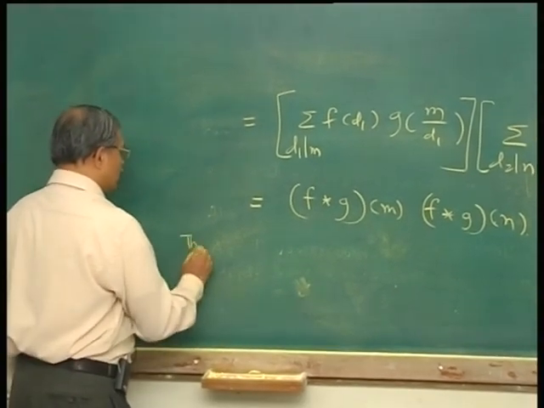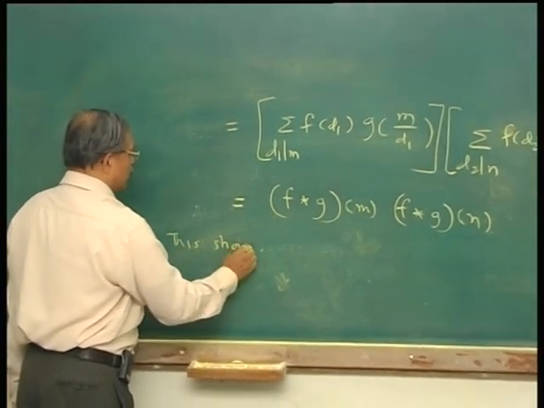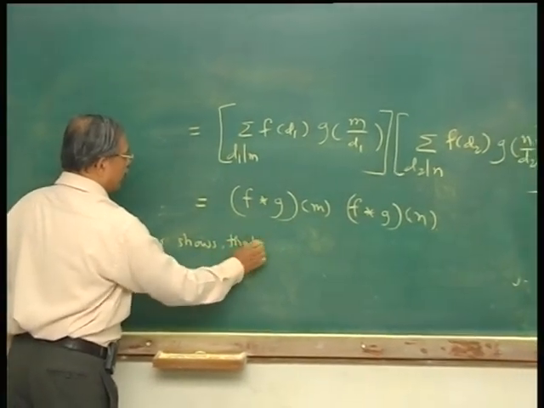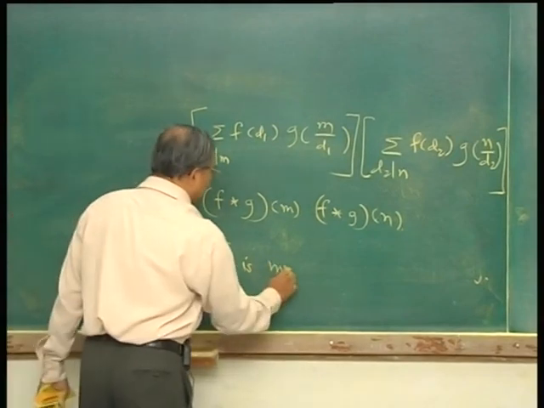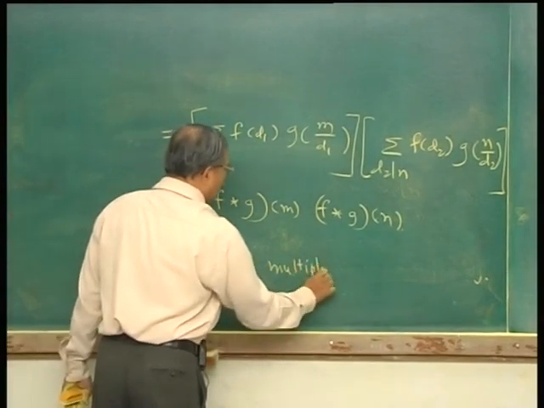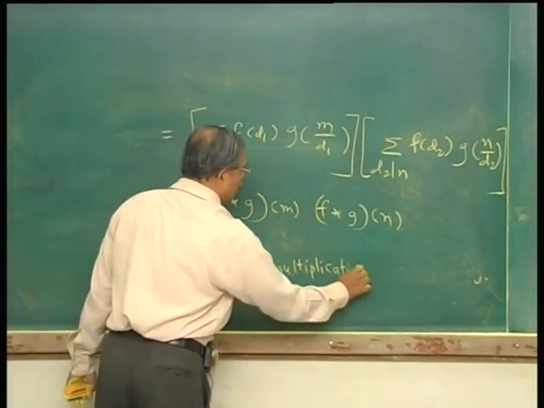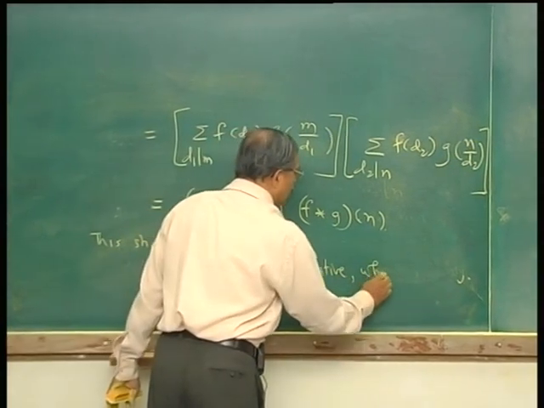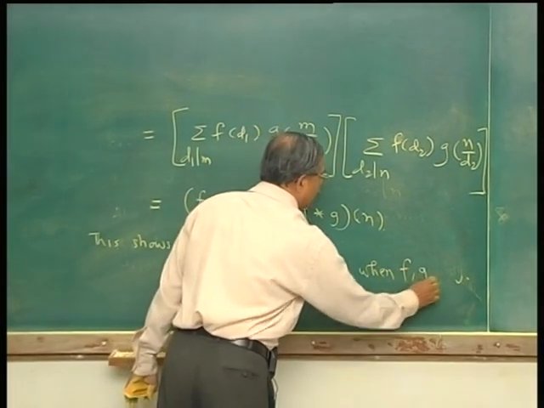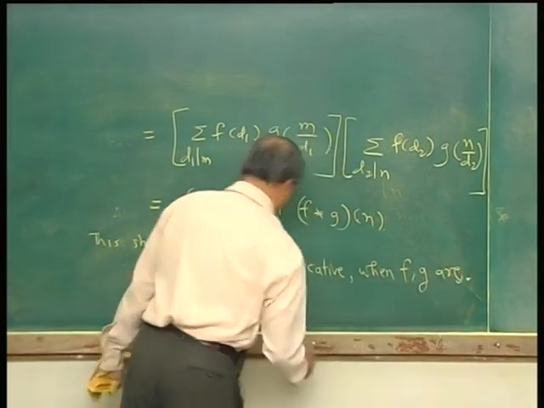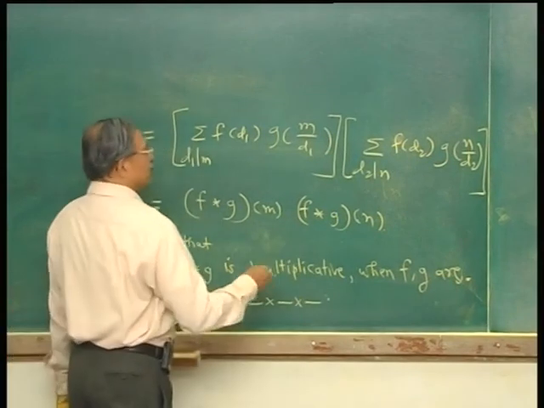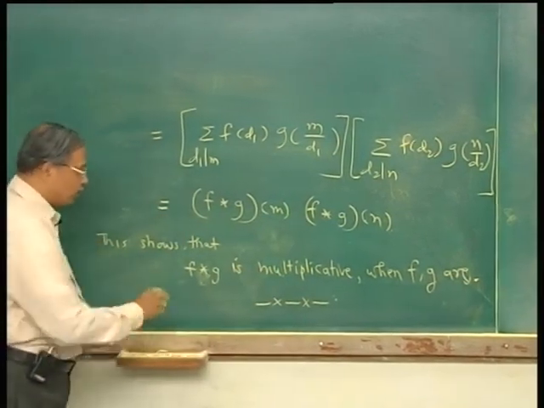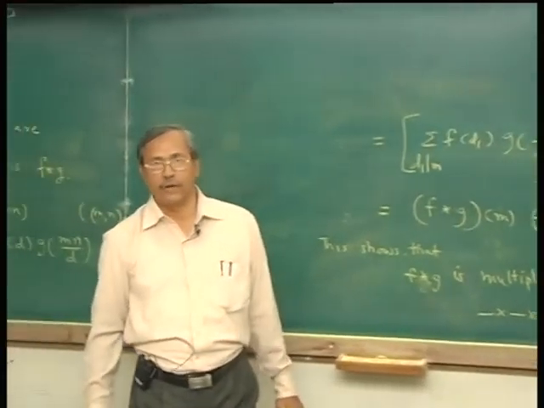And this shows that f star g is multiplicative when f, g are. That proves the theorem. We will see how this result can be applied to usual arithmetic functions.